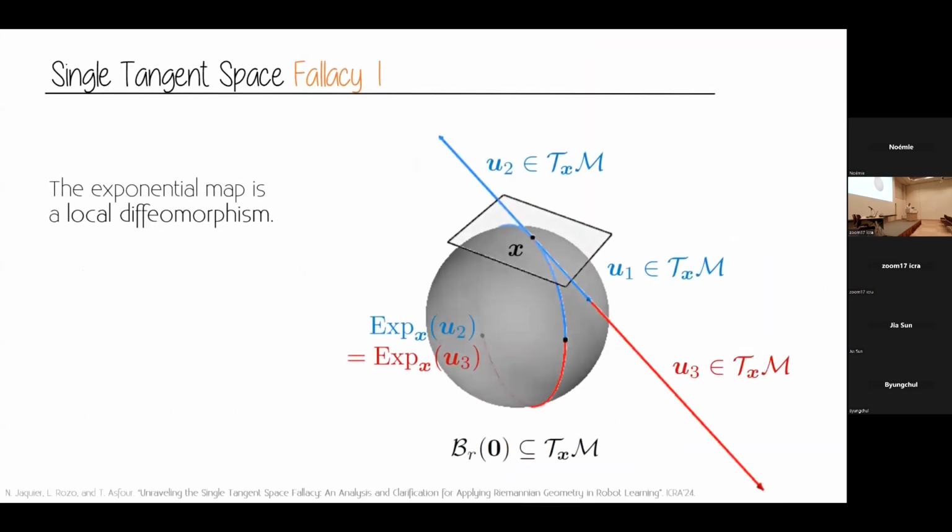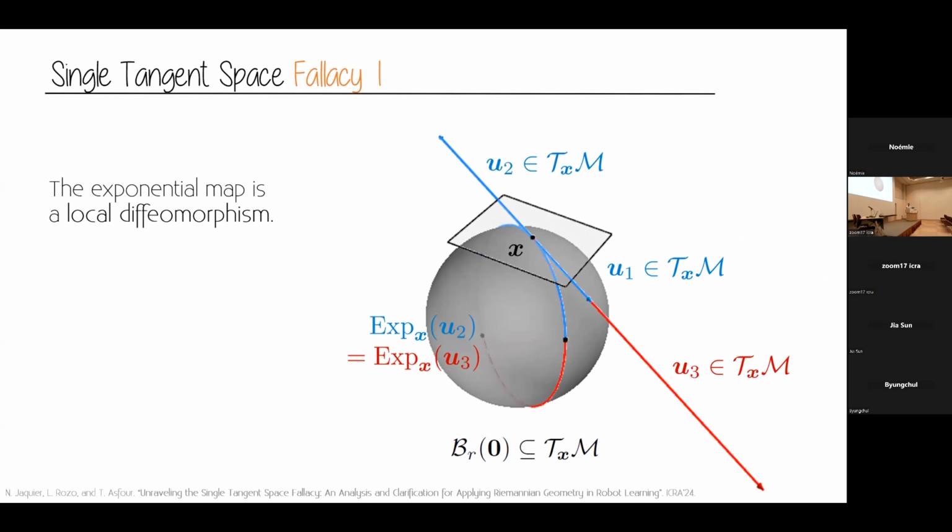So the first fallacy comes from the fact that the exponential map in Riemann geometry is just a local diffeomorphism, right? What that means is that in this example, if I have two vectors on the tangent space, u1 and u3, and I compute the exponential map, what could happen is that I boil down to the same point of the manifold.